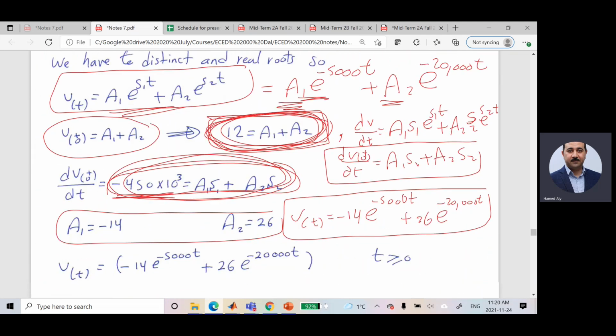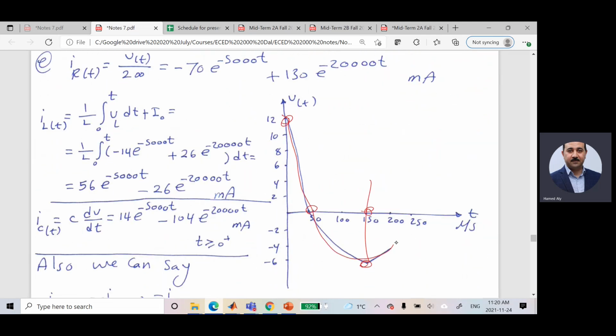I'm not asking you to draw the exact curve. I ask you to sketch only, and any sketch is acceptable since you are choosing different points.